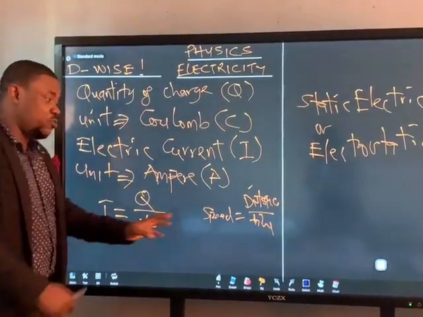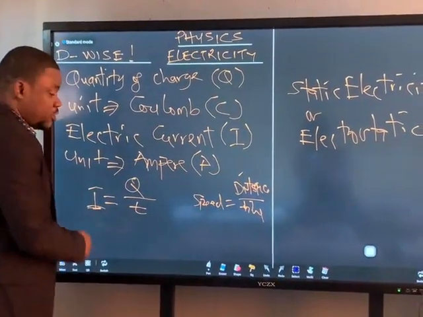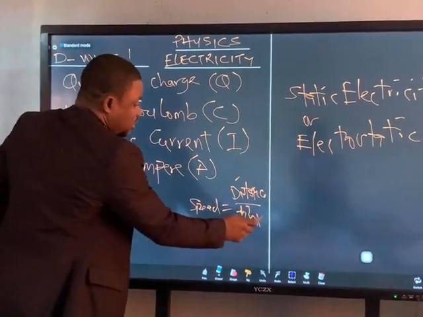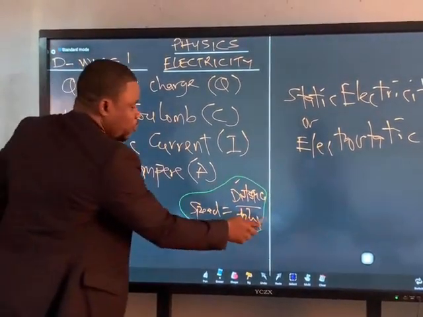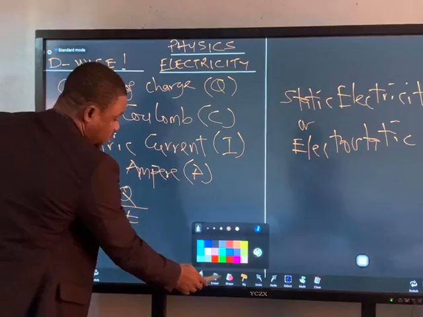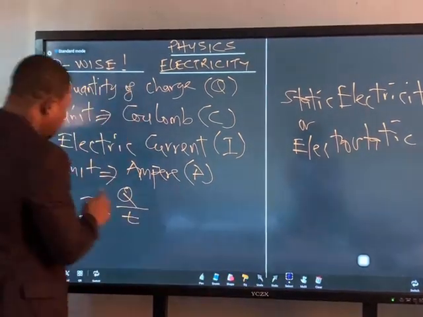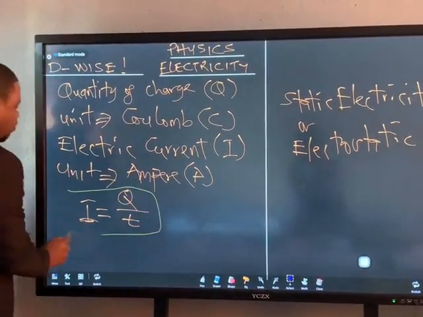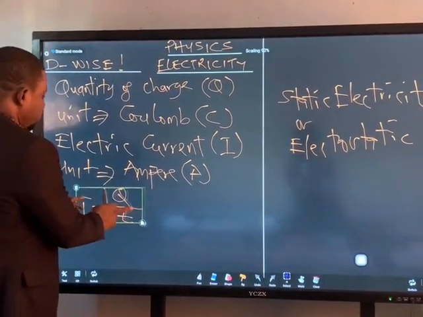This is not distance. I'm just trying to remind you of some things we've done in the past. So current is the rate of flow of charges. Very important to take note of these things.